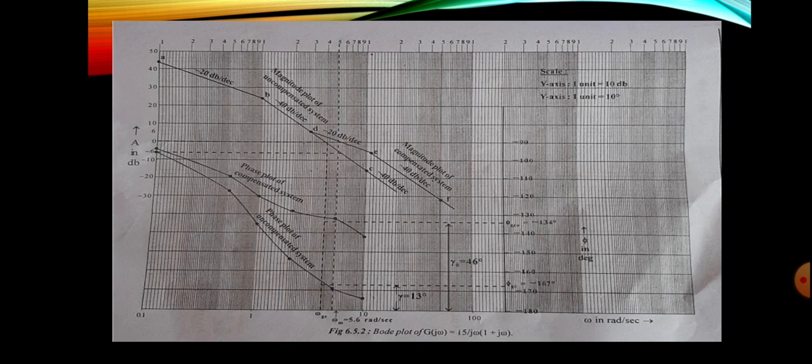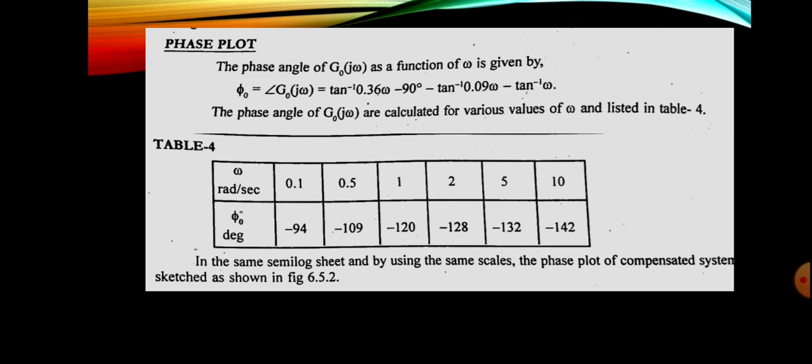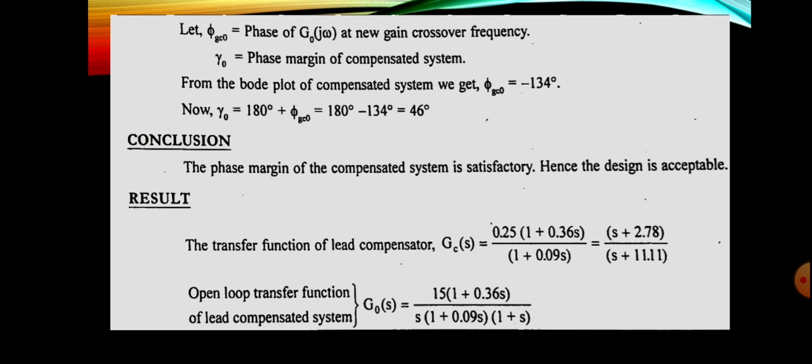Here it is given as 5.6, somewhere above 5. So that frequency corresponds to 5.6, and 5.6 meets the phase plot here, and the corresponding phase angle will be minus 134 degrees. So you will get phi GCO equal to minus 134.